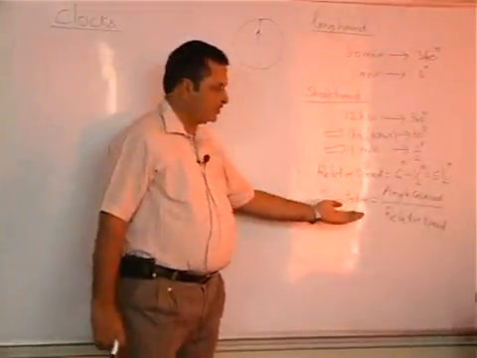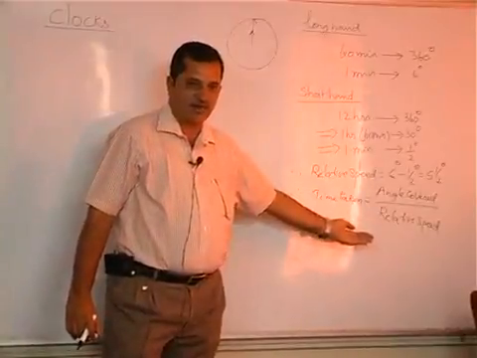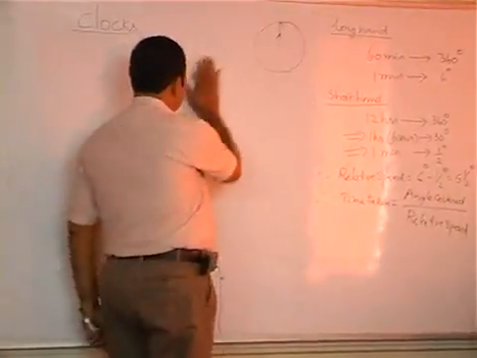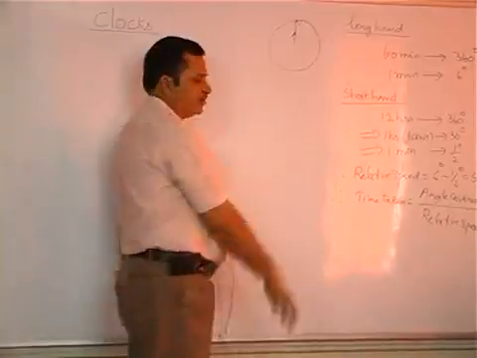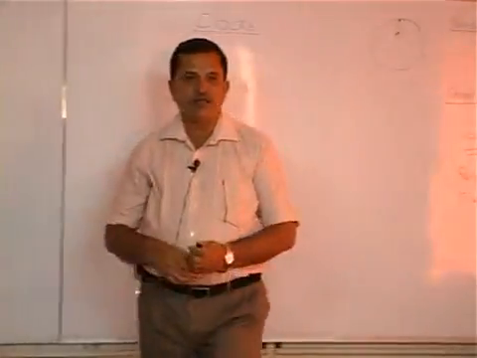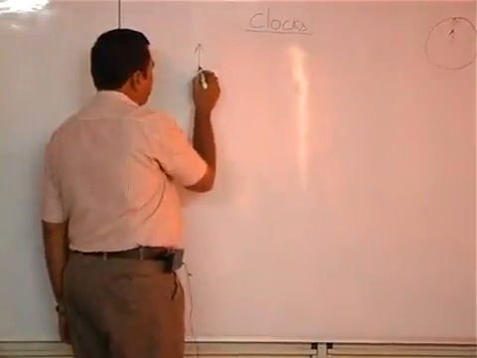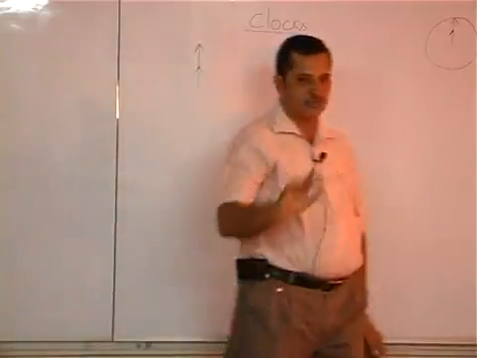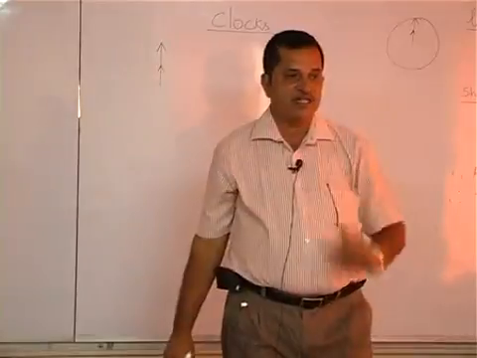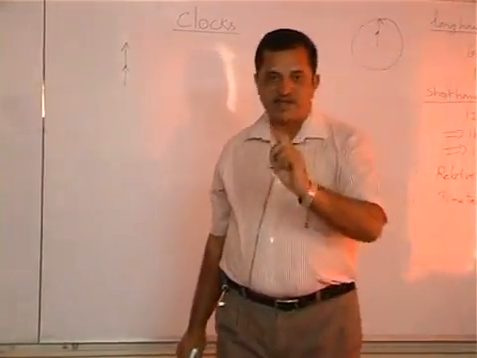Usually if he touches, he may touch any of the formula or directly substituting the data in the formula, he will get the answer. But in Wipro like companies, I saw the question, very simple question. How many times in a day both the hands of the clock will coincide, he will ask. Suppose if I ask, how many times in 1 hour both the hands will coincide? One time.